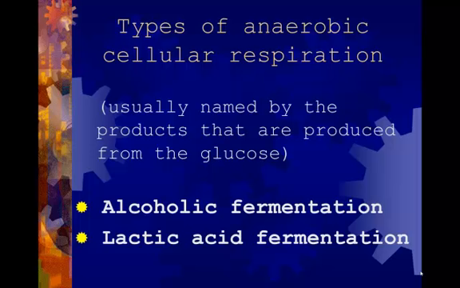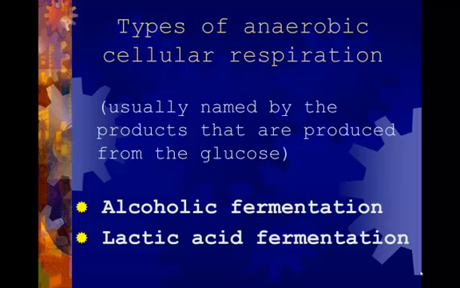So types of anaerobic cellular respiration are actually named for, remember, byproducts. What are byproducts? They're the extra things that are left over by this process other than the ATP. And so they name this process, first of all, fermentation. So anaerobic cellular respiration is fermentation. And yes, it's the kind of fermentation when you talk about apple juice or grapes fermenting.